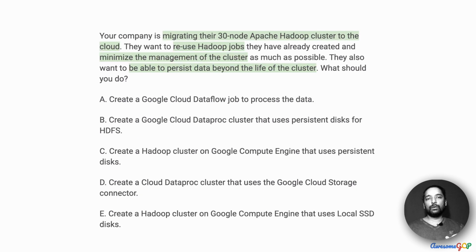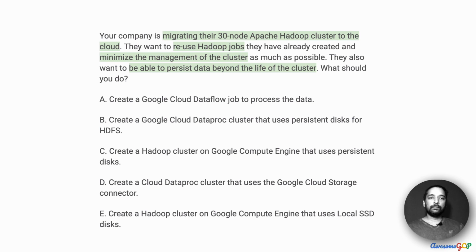So in this scenario, your company already has an on-prem setup for Apache Hadoop with a reasonably large installation of 30 nodes. They already have Hadoop jobs created that they are running regularly. Now, in moving to Google Cloud, they want to reuse those Hadoop jobs.